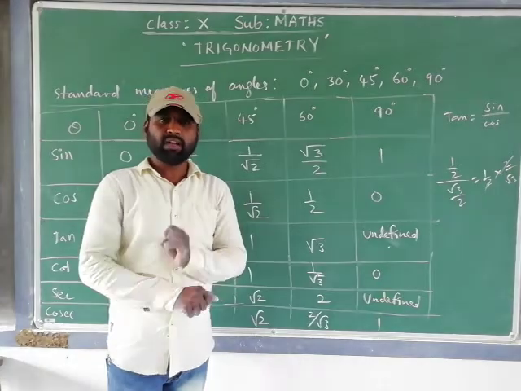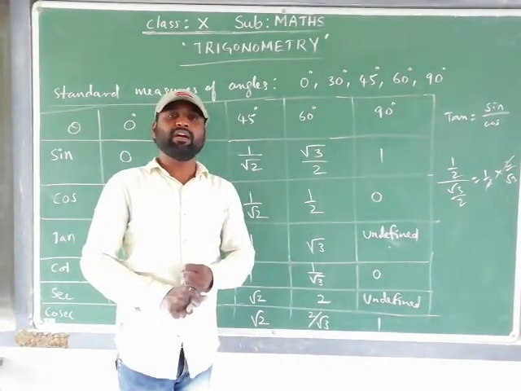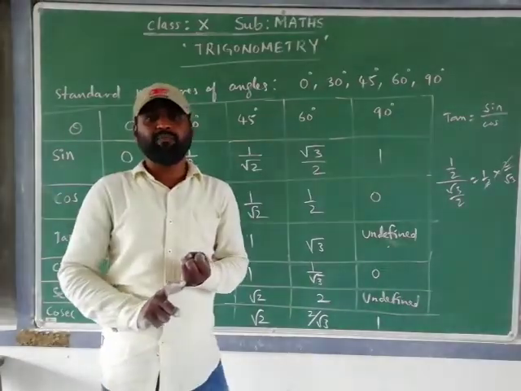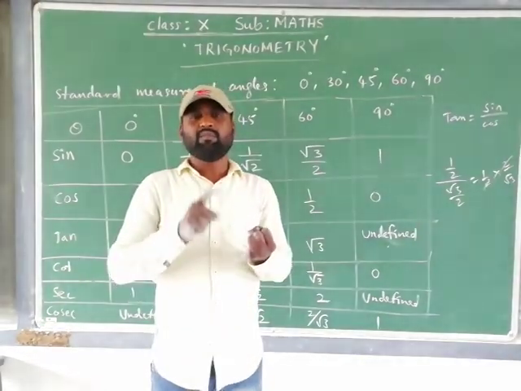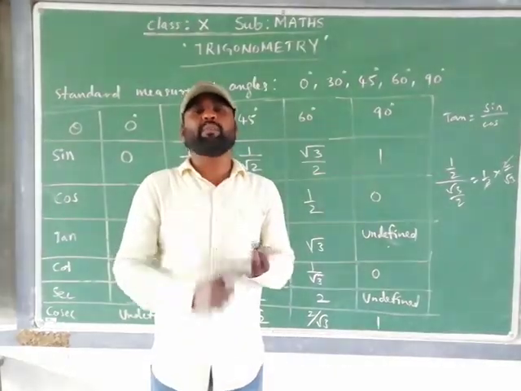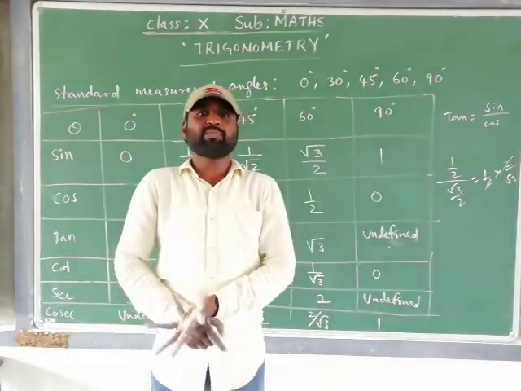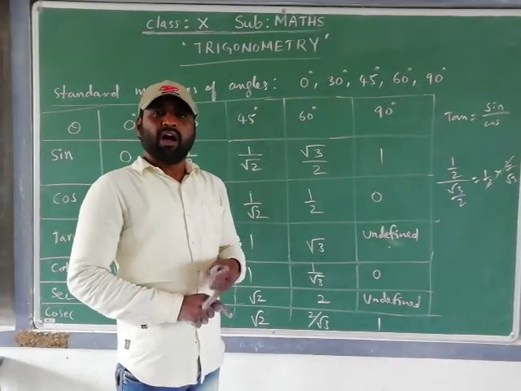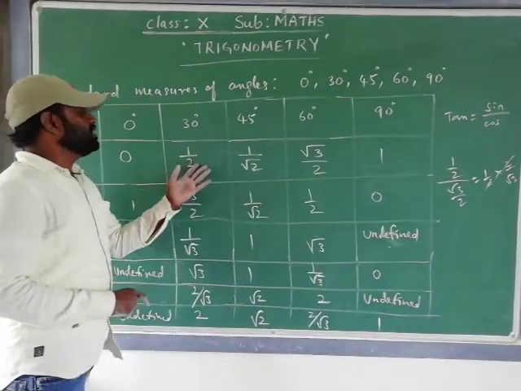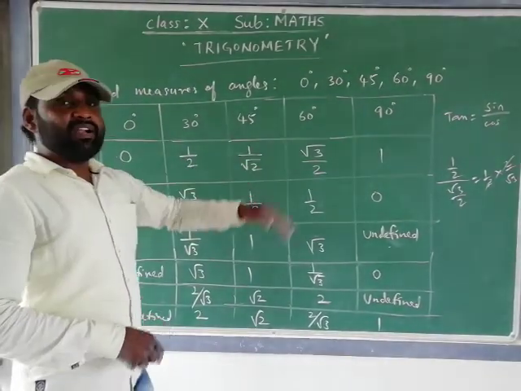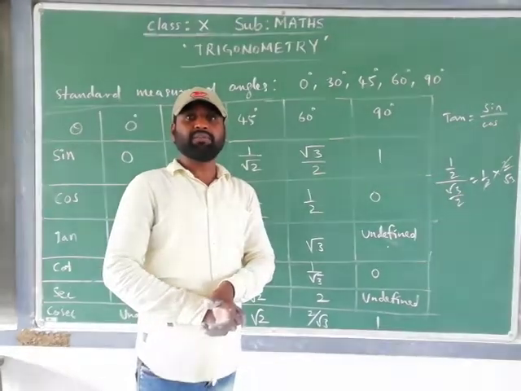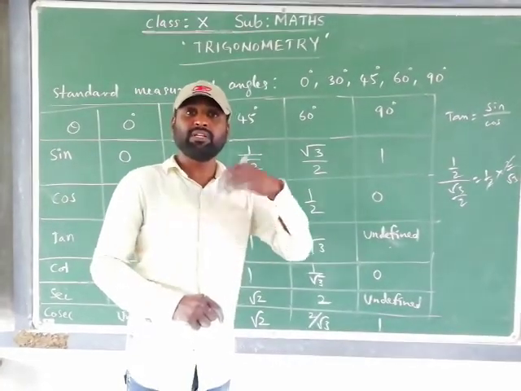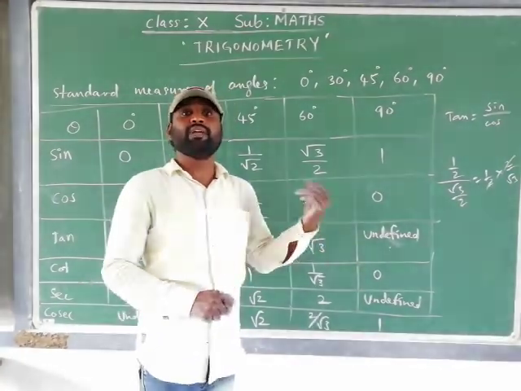At the time of drawing the figure, naming the sides is very important. What is the hypotenuse, what is the adjacent side, what is the opposite side? If you name the sides properly, then the angle measures will be given. Then we decide when to take sin, when to take cos, when to take tan, and why we should use only the sin ratio or only the cos ratio.